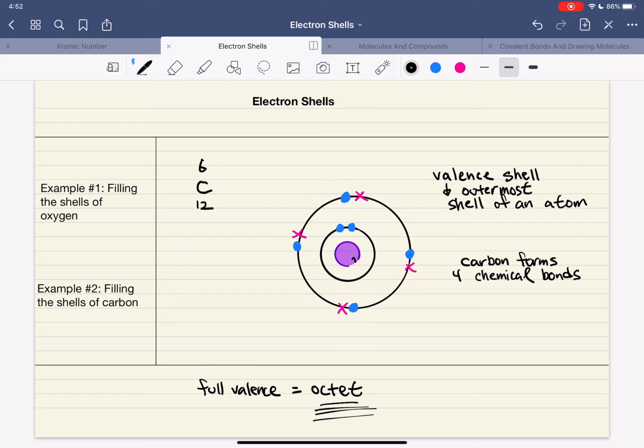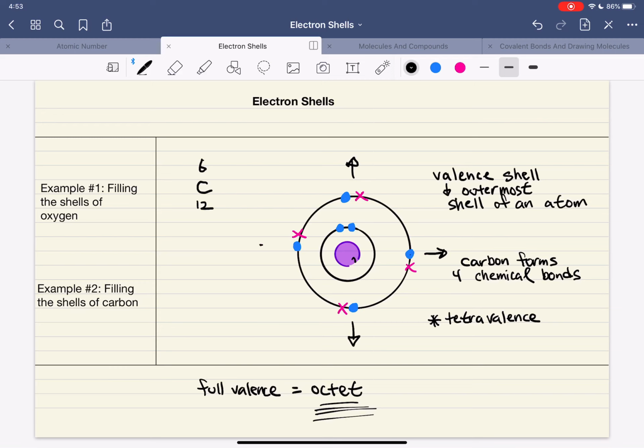And another term here, since carbon needs to form 4 bonds, that's the maximum number, okay? So it has something called tetravalence. It has the potential to form the maximum number of chemical bonds. And that's why it's the backbone. If you're building a bigger molecule, your molecule can branch out in 4 different directions.